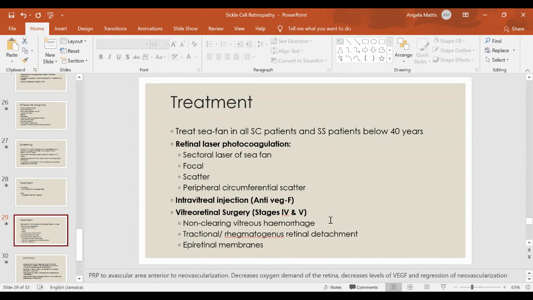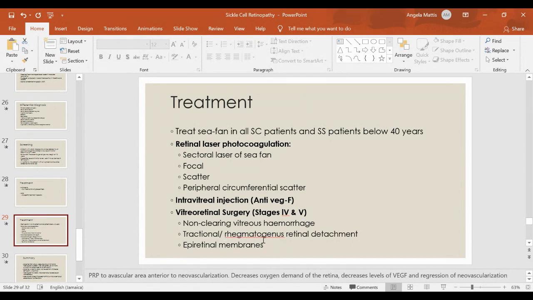You give it about 3 months for the hemorrhage to clear. You don't rush into the vitreous hemorrhage. However, if you have a patient with one seeing eye, in other words, the better eye is the eye with the vitreous hemorrhage, then you want to go in sooner. You don't sit for the 3 months because you want to intervene a little bit sooner because it's the only eye, the seeing eye of the patient.